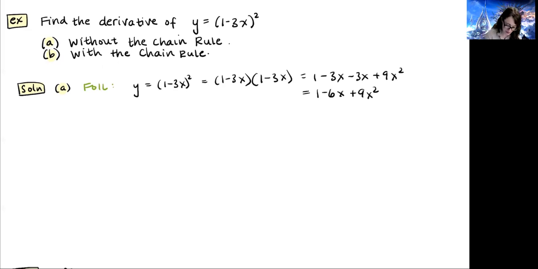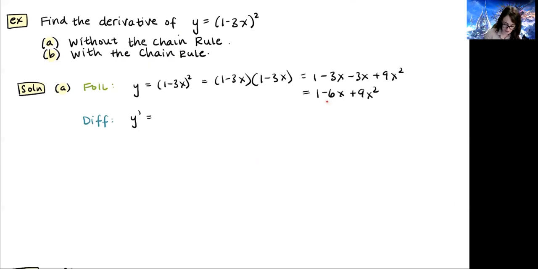Then we can find the derivative. So we'll find y prime. The derivative of 1, that's a constant by itself, is 0. The derivative of 6x is just 6, so we'll have negative 6.